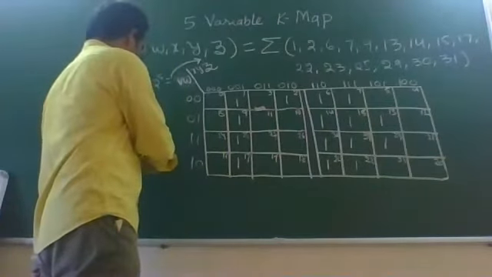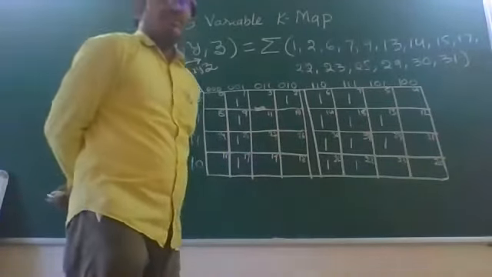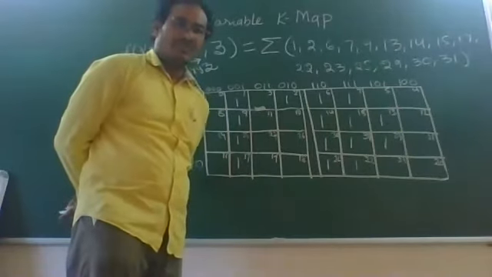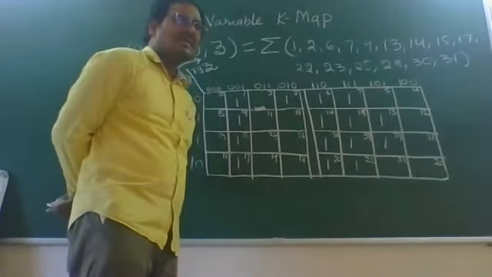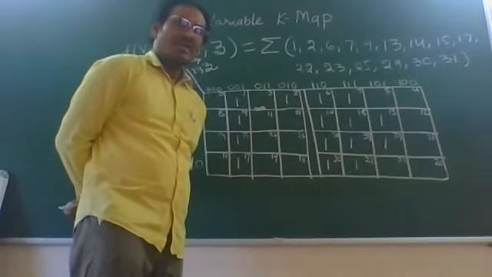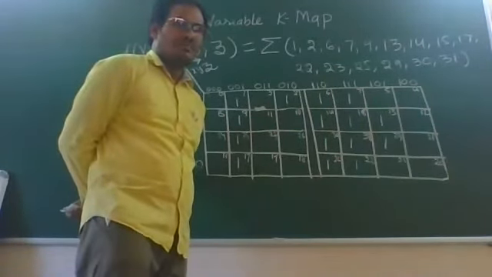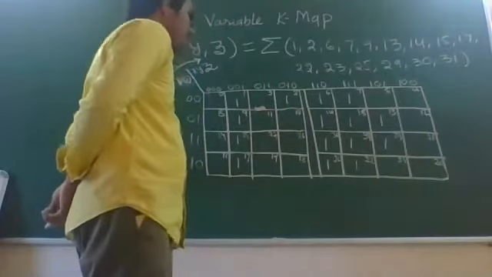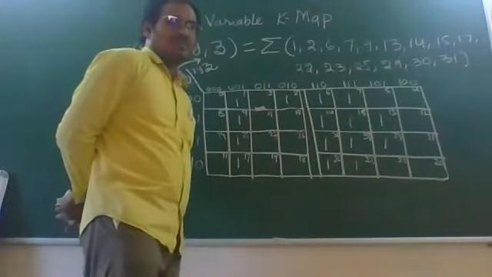And the last but one step is we have to form the subcubes. Here itself the minimal SOP form will be obtained, and this is the one step before getting the minimal SOP form. So how to obtain the minimal SOP form? By forming the subcubes.